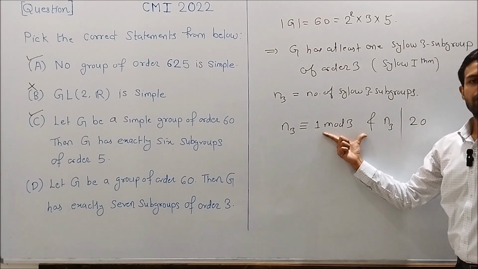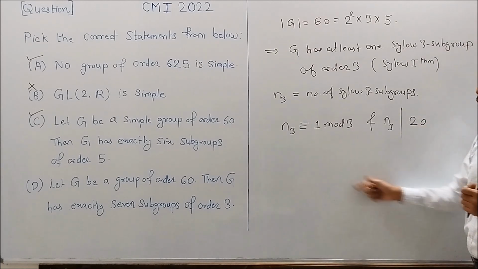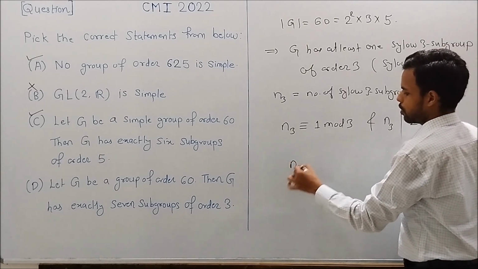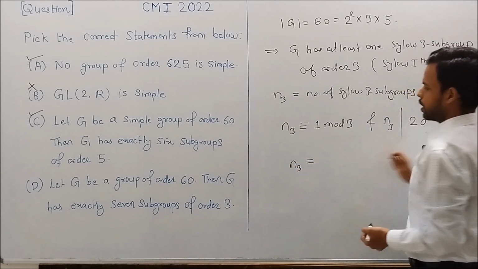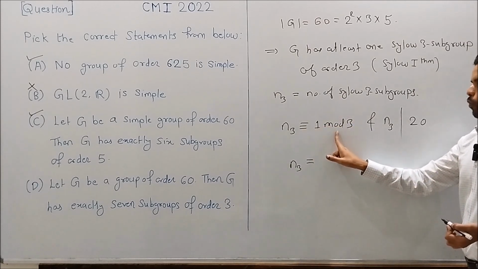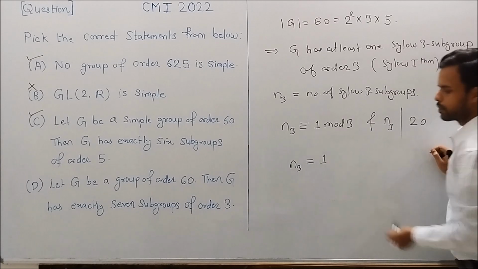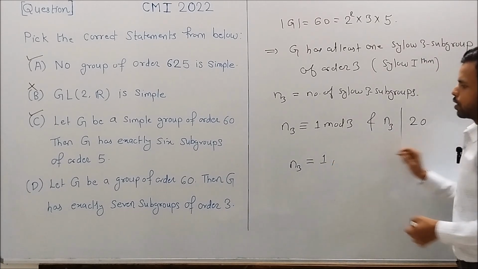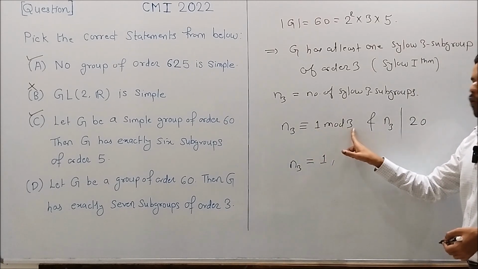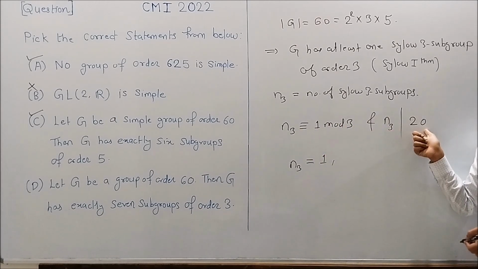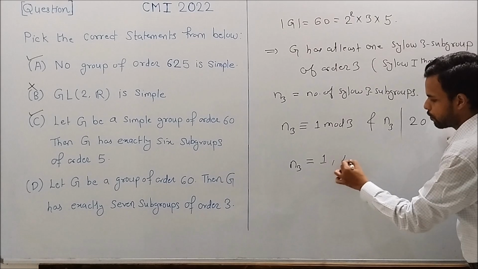So the only possibilities for n3 are clearly 1, which is congruent to 1 mod 3 and 1 divides 20. So one possibility is 1. Next, 4 is congruent to 1 mod 3, because 3 divides 4 minus 1, and 4 divides 20 as well. So another possibility is 4.